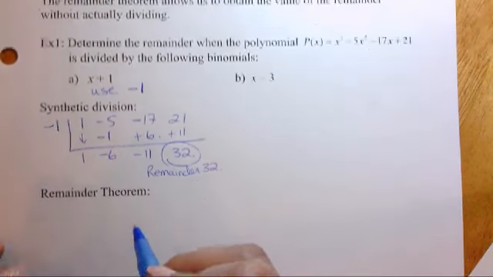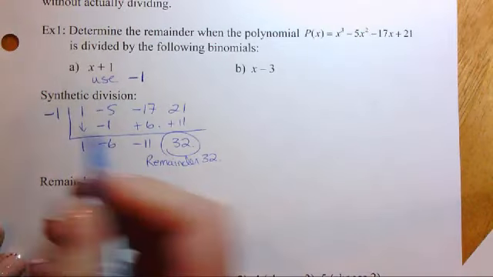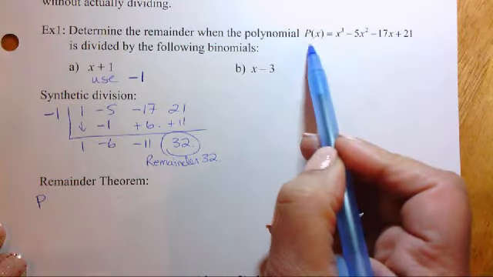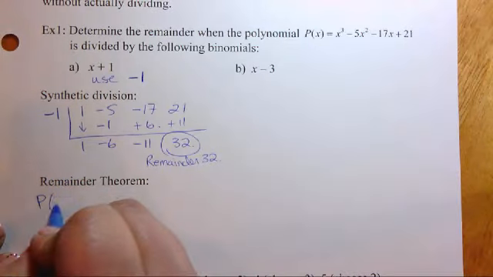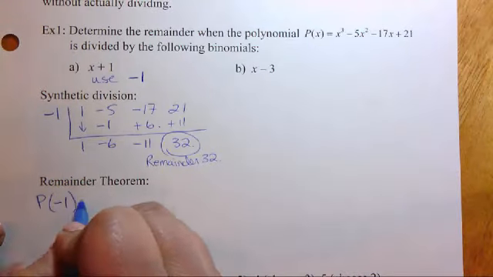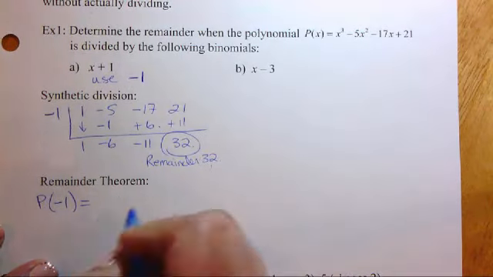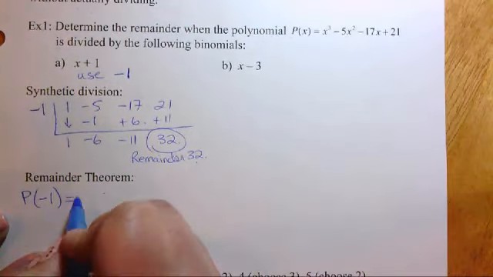All right, now, if I use the remainder theorem, that means that all I have to do is in my polynomial up here is plug in that value, -1, and I should get the same value as that right there. So let's go ahead and do that.